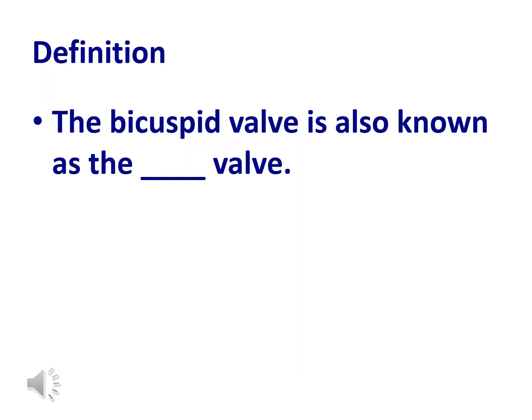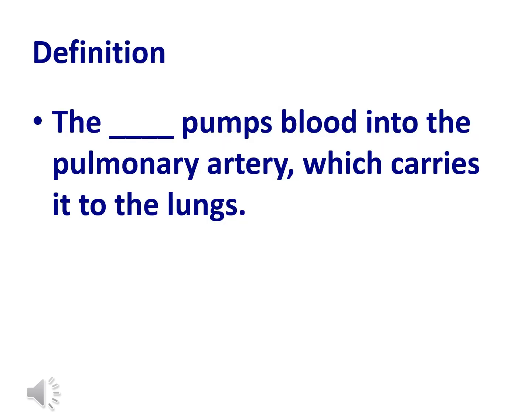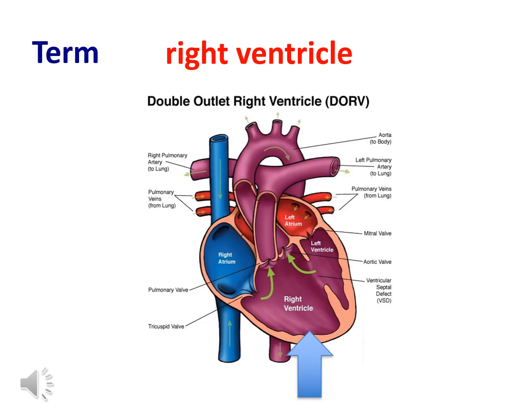The bicuspid valve is also known as what valve? That's the mitral valve. It's a small flap in the heart that's located between the left atrium and the left ventricle, the upper and lower left chambers of the heart, respectively. What pumps blood into the pulmonary artery, which carries it to the lungs? The right ventricle pumps blood into the pulmonary artery.